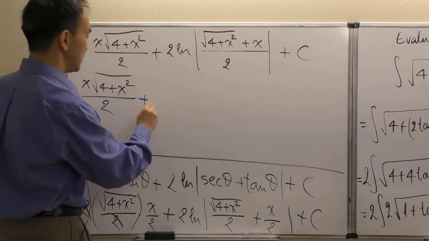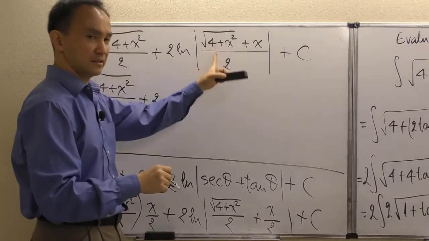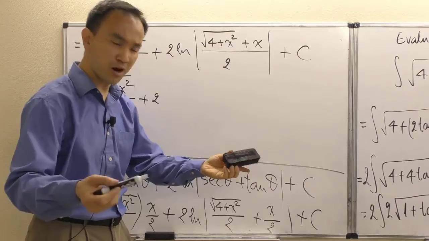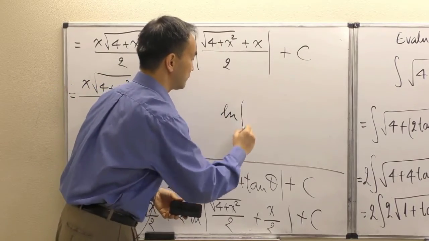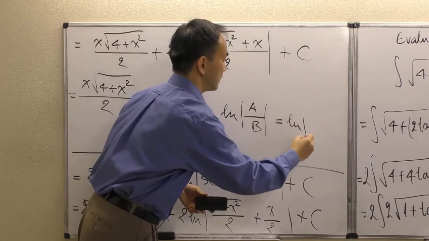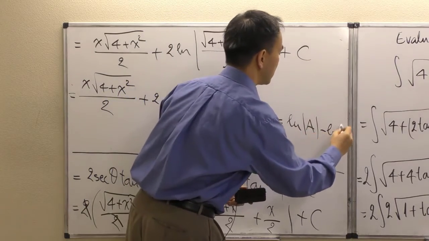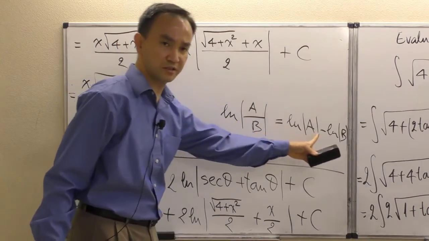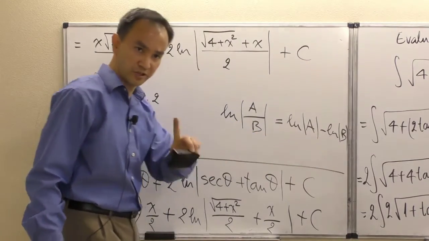But then plus 2, now like I emphasized just earlier, this is a logarithm of a quotient. So by the property of logarithms, the logarithm of a quotient a over b is the same as the logarithm of a minus the logarithm of b. So we can turn a logarithm of a quotient into a difference of two logarithms, same base.